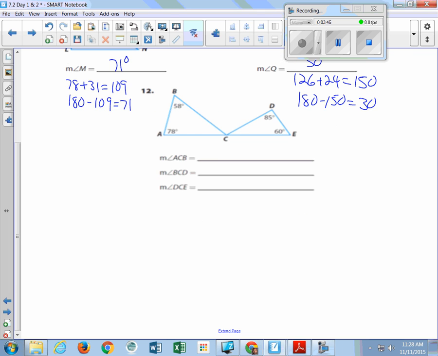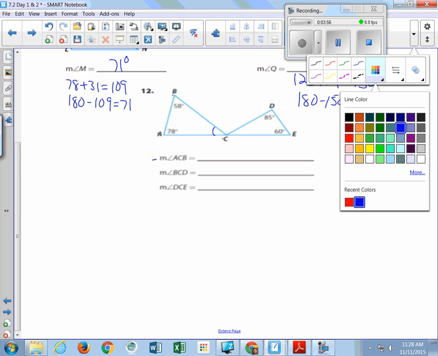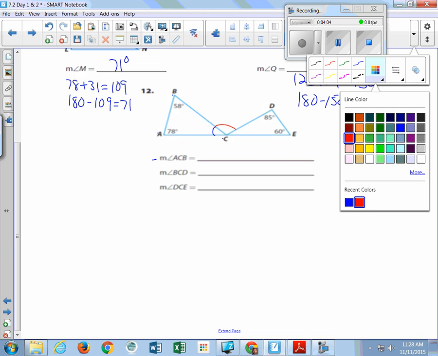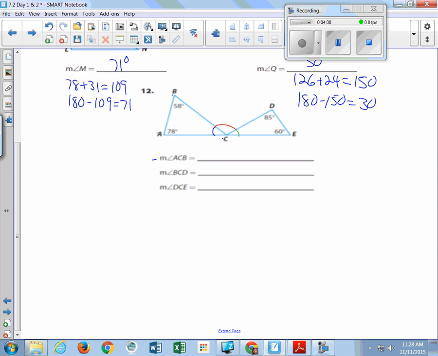Okay, let's look at this one on the bottom. It's wanting us to find ACB, that's in blue. BCD is in red. And let's go green for the other, DCE.